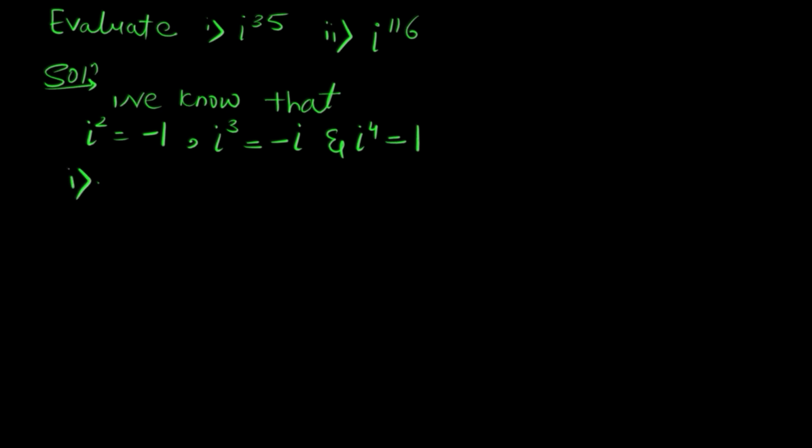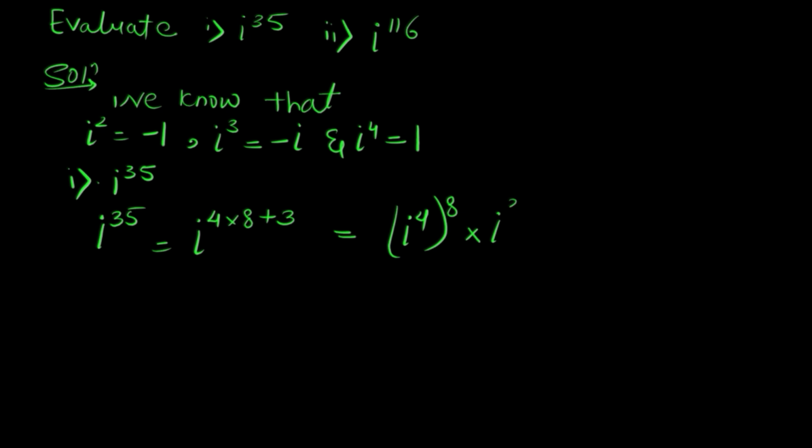First one, i raised to 35. First we have to divide 35 by 4, and we can write i to the 35 in the form i to the power 4 into 8, since 4 times 8 is 32, plus 3. Now by the index method, i to the 4 raised to 8, times i raised to 3.